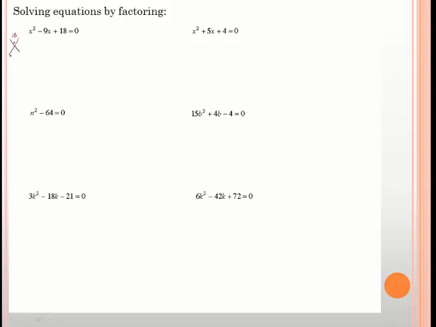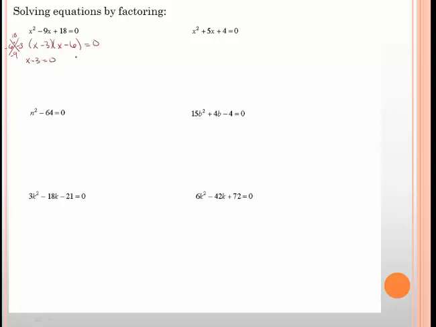So I need to multiply to make a positive 18, and I need to add to make a negative 9. The things that will multiply to make 18 are 1 and 18, 2 and 9, and 3 and 6. 3 and 6 will give me a 9, and I need them to be negative. So I have x minus 3 times x minus 6 to give me a 0.